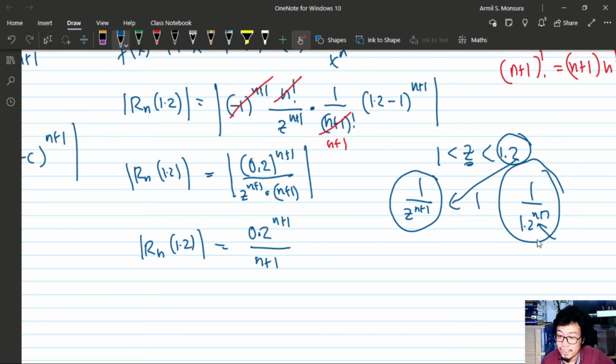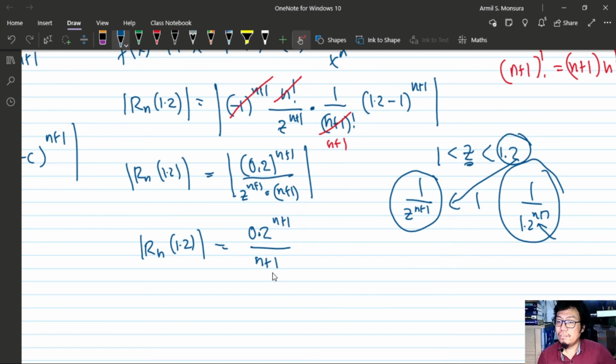So if we multiply this number, which is less than 1, into this, it would result in a lower value. So instead of doing that, since we really don't know the exact value of z, we'll simply use the factor 0.2 raised to n plus 1 over n plus 1 as the upper bound of your error. So that's the maximum error that you can have.